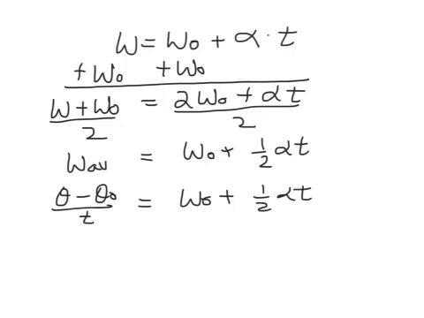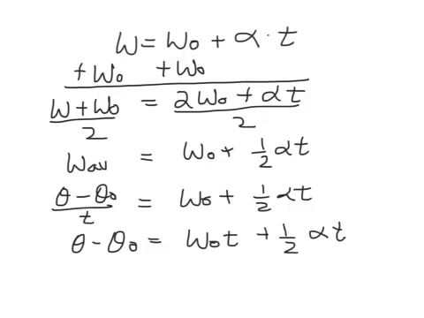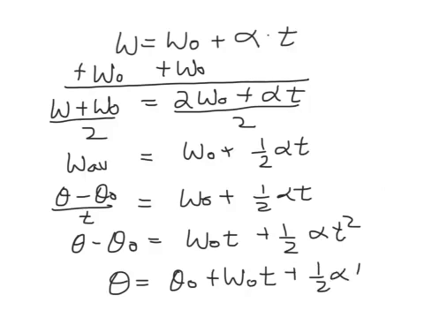First we're going to multiply both sides by t, and we get theta minus theta naught is equal to omega naught t plus 1/2 alpha t squared. That's what happens when I multiply the t on both sides. And then if I move the theta naught over to the right-hand side, I get theta is equal to theta naught plus omega naught t plus 1/2 alpha t squared.